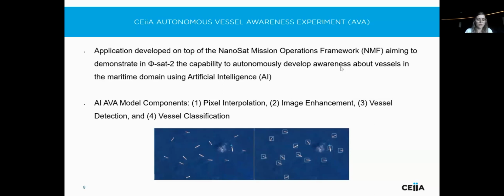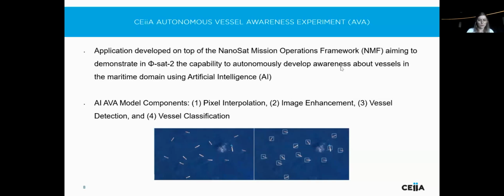And to develop this application under all of the satellite requirements, we had to balance very well this trade-off between the accuracy and the speed of the model that we are going to use.